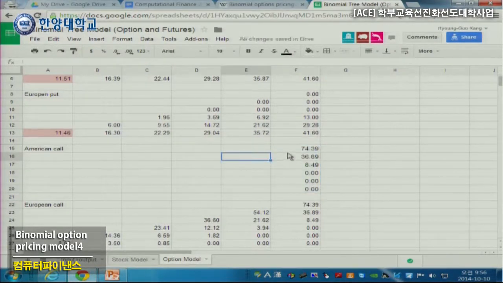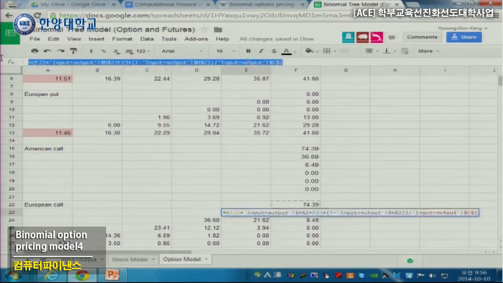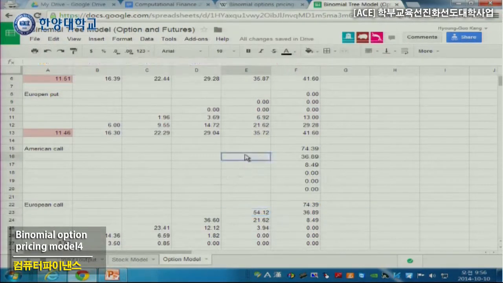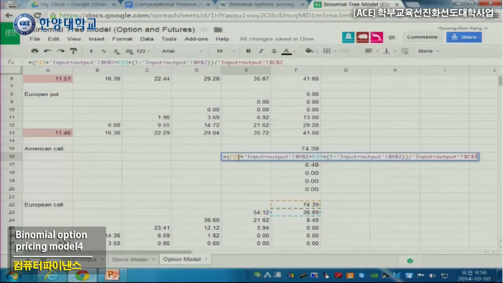And then this one, we recycle this formula, instead of F22 and 15, 16.